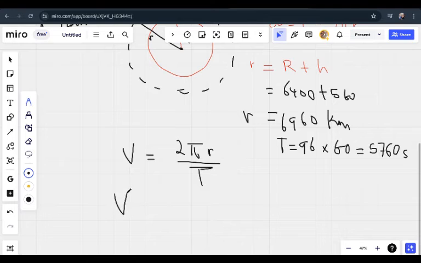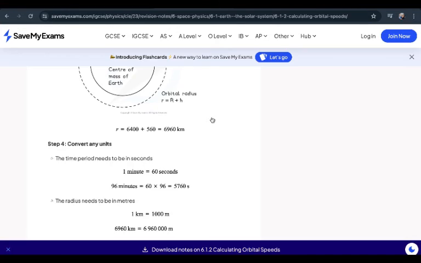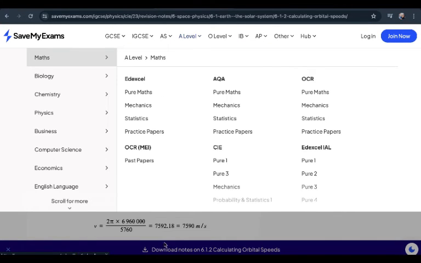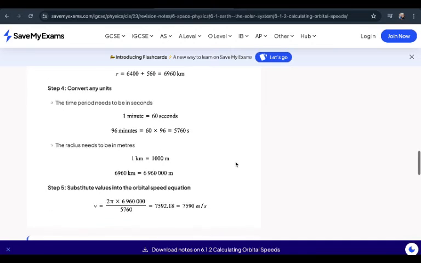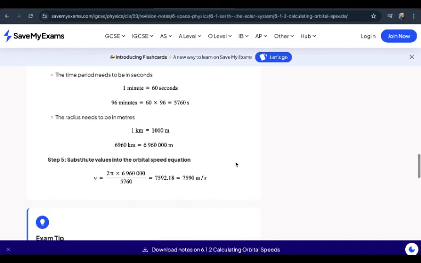Okay, so now we substitute the value. Orbital speed is equal to 2 times pi, where pi is our normal pi value. So 1 kilometer is 1,000 meters, we know, right?